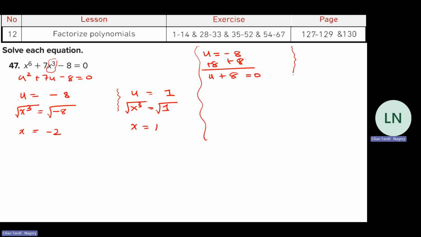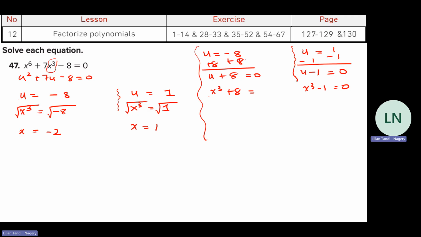And the same thing over here, u equals 1. So you're going to subtract 1, u minus 1 equals 0. But your u is x cubed.